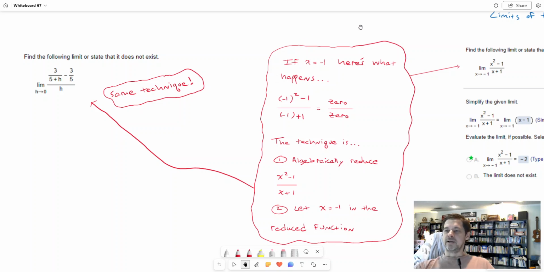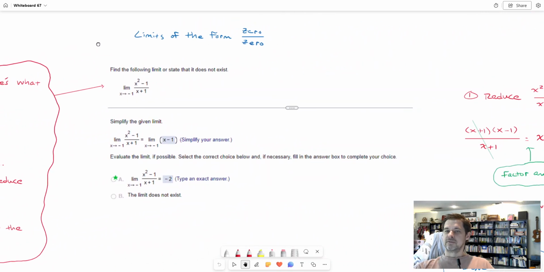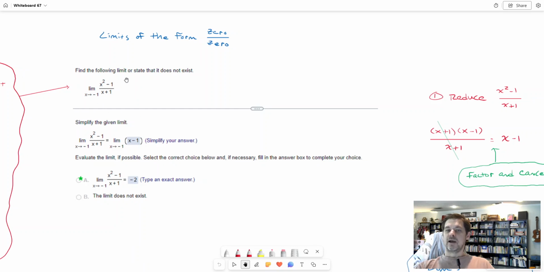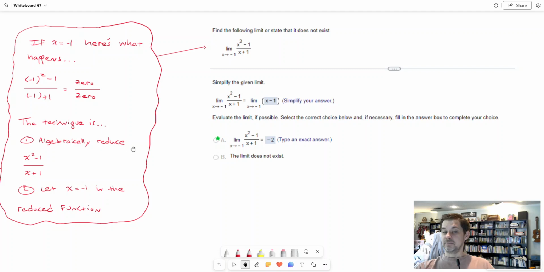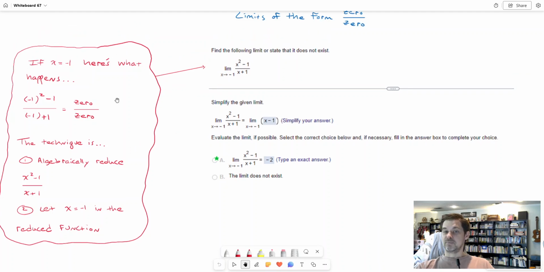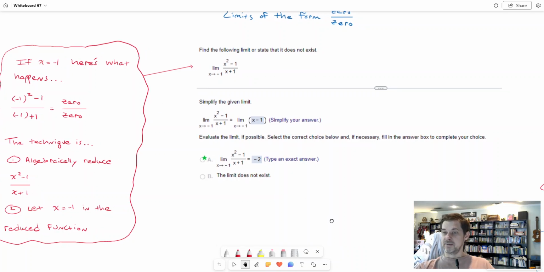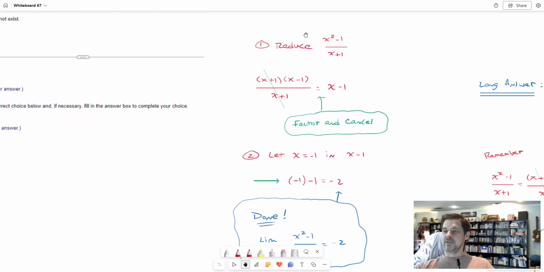Now, let's not get too spread out with all this. How would we do this one? How would we algebraically reduce it, given that it has this problem type of 0 over 0, and the first step is to reduce that function? If I was going to algebraically reduce x squared minus 1 over x plus 1, the obvious technique is to factor and cancel.